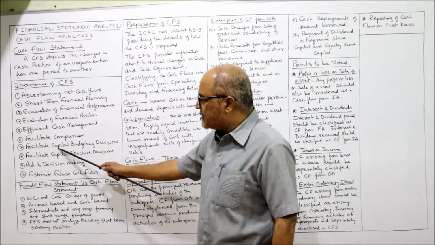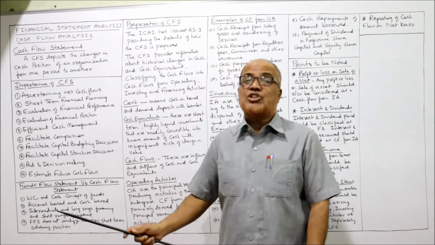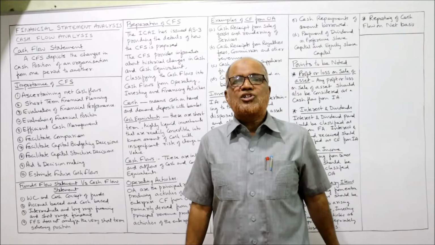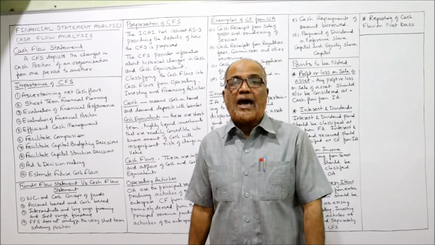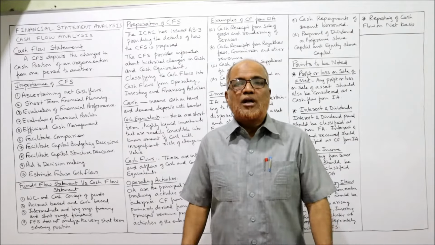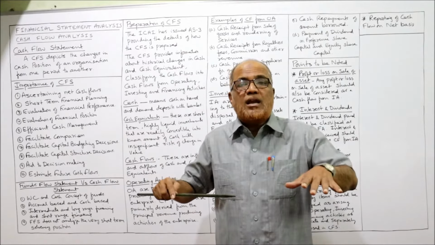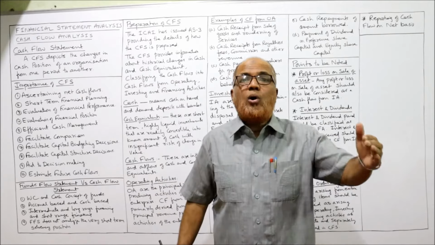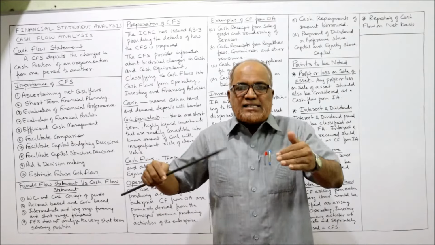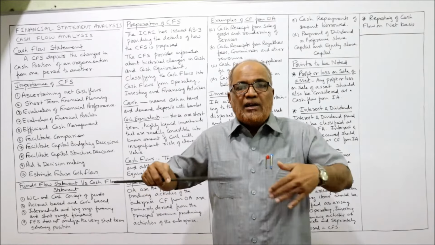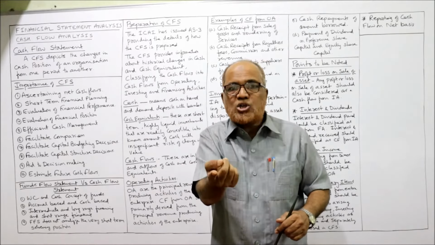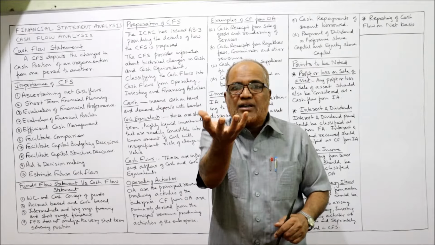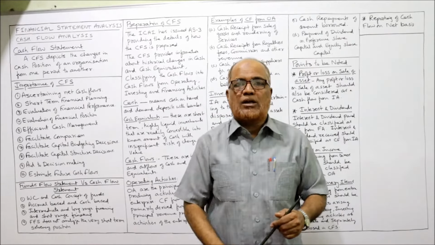Next one is facilitate capital budgeting decisions. See here, capital budgeting decisions are the decisions relating to acquiring, purchasing the fixed asset. The capital budgeting decision requires the flow of cash. Once an asset is purchased, then we evaluate how much cash inflow will be affected. Cash inflow and cash outflow both will be affected in a capital budgeting decision.